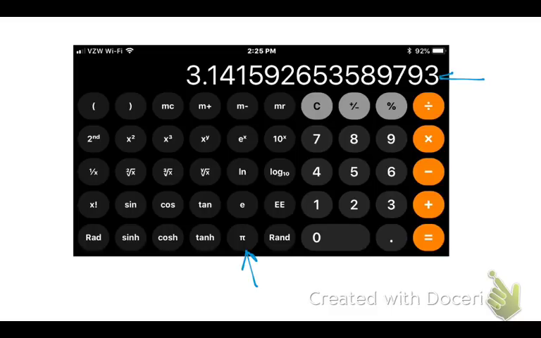And actually the number goes on forever. So what most people do is use the abbreviation that pi is equal to 3.14. So in your calculations, please use pi equals 3.14.